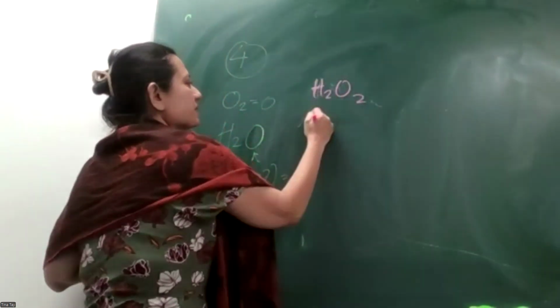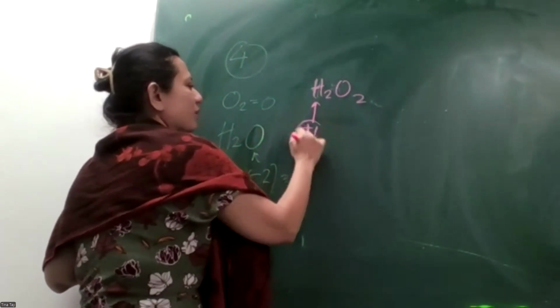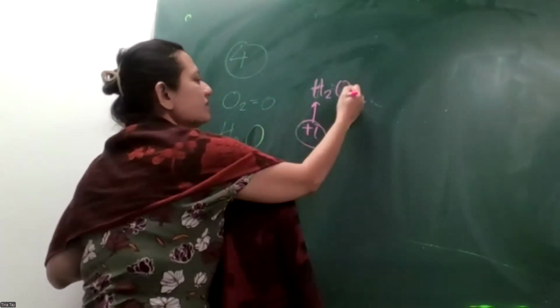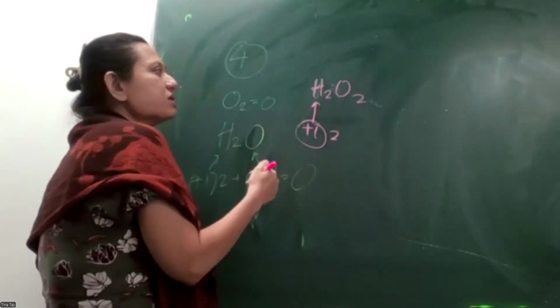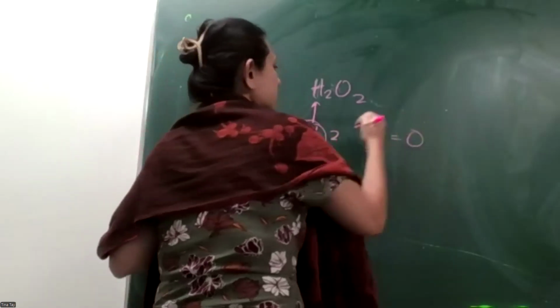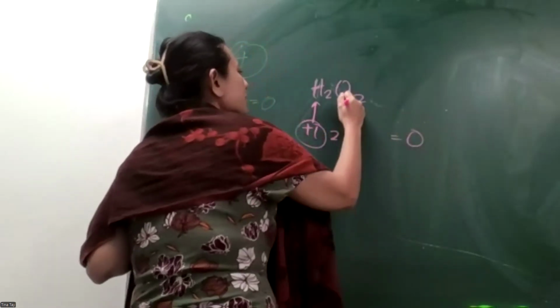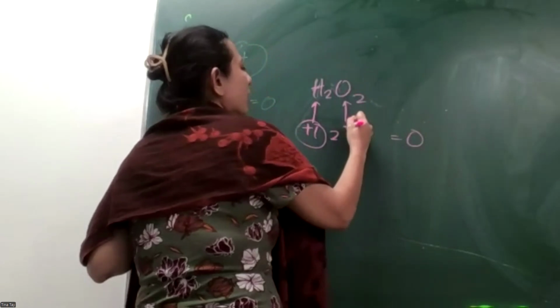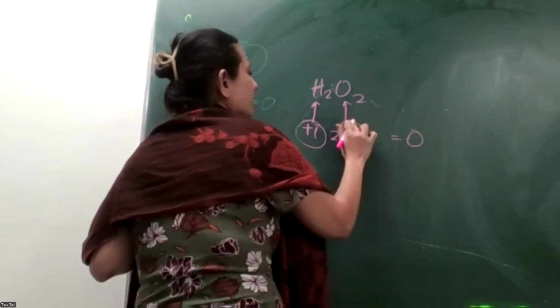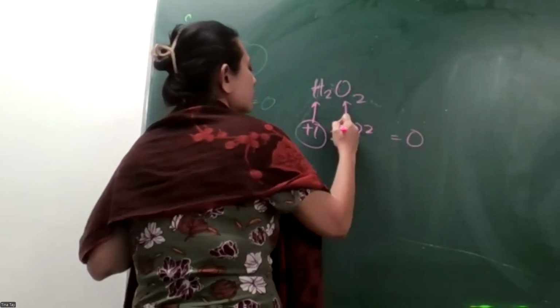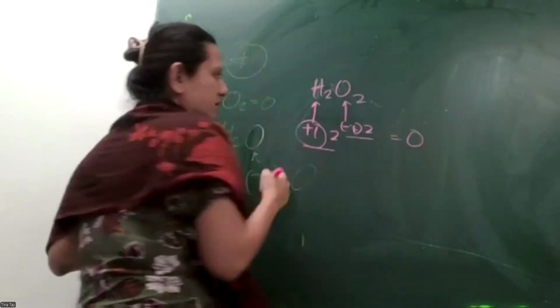Now what happens? Hydrogen is still +1 times 2. Oxygen cannot be -2 now, because if oxygen is -2, the total is not 0. So we need to count. In hydrogen peroxide, oxygen is -1, times 2. You add these two together, you still get 0.